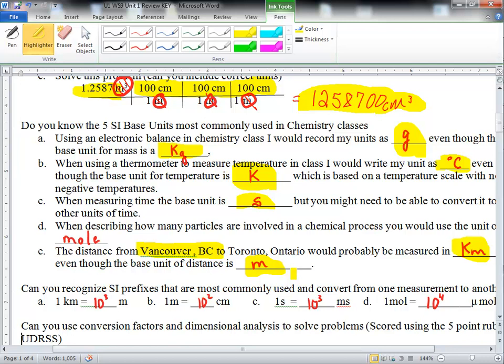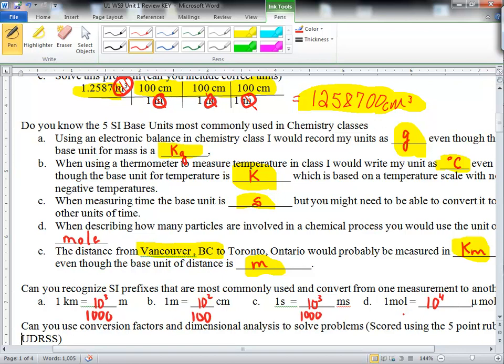Now, some conversion factors you want to keep in mind are that 1 kilometer is 1,000 or 10 to the third meter. 1 meter is the same as 100 centimeters or 1 times 10 to the 2. 1 second is the same as 1,000 milliseconds, in the same way that 1 kilometer is 1,000 meters.